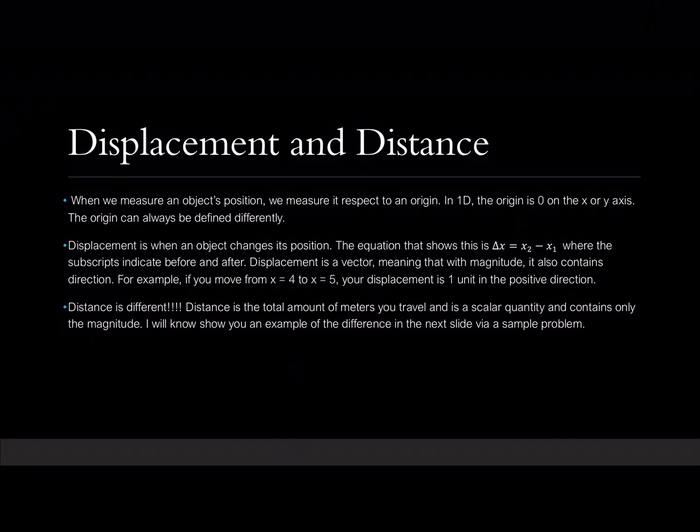For example, let's say a book is here. If you want to describe its position, you need to describe it relative to something. You can't describe it relative to nothing, right? If you do, it's just a book. You can't describe where it is.